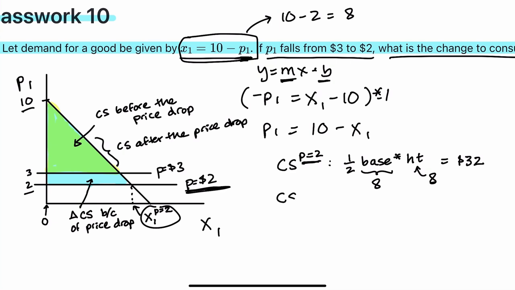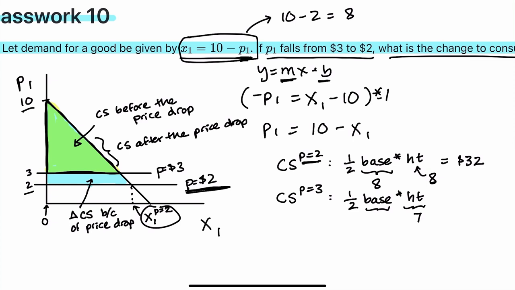What about when the price is $3? Now I'm doing just this green triangle. I again have 1/2 of the base times height. Here, the height is the difference between 10 and 3, which is 7.